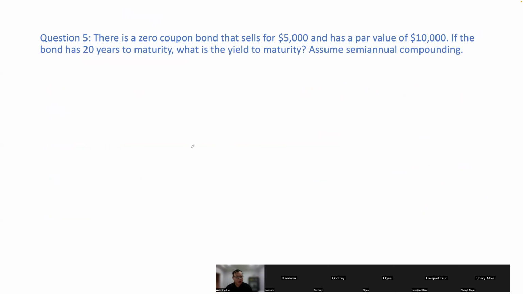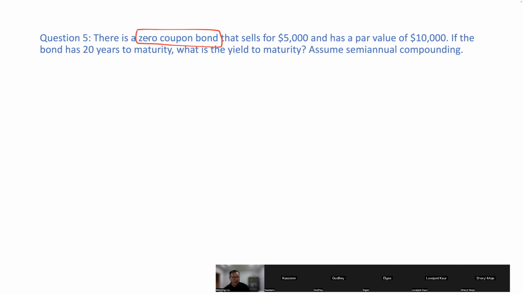Question 5. There is a 0 coupon bond that sells for 5,000 and has a par value of 10,000. If the bond has 20 years to maturity, what is the yield to maturity? Assume semi-annual compounding. So this is a 0 coupon bond, right? What does this mean?